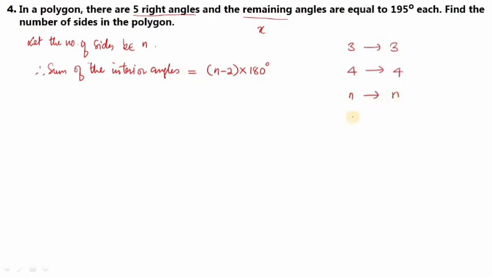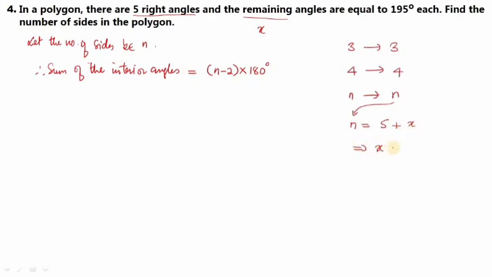Now kindly observe this. If you have x remaining angles, then n equals the number of angles, which is 5 right angles plus x remaining angles.